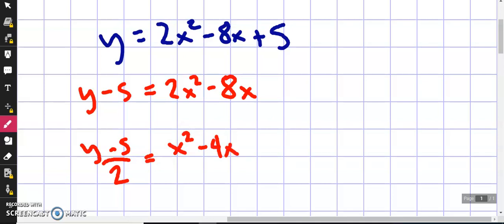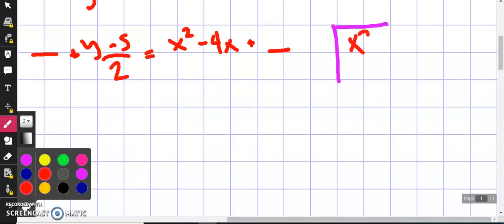And so here is where I'm going to fill in my missing value. So once again, I copy down my x squared. I take the negative 4x and split it in half to get 2 and 2.